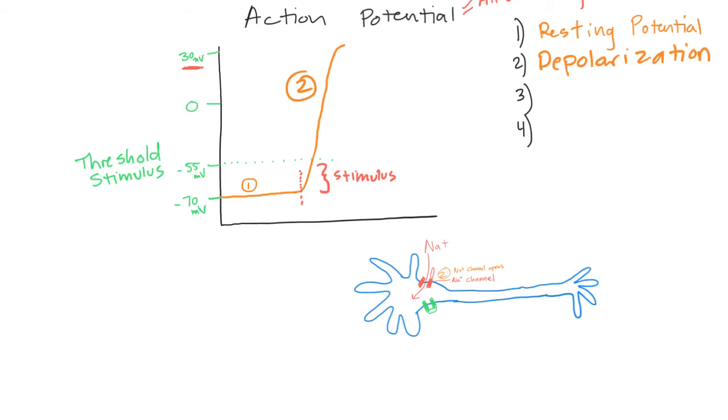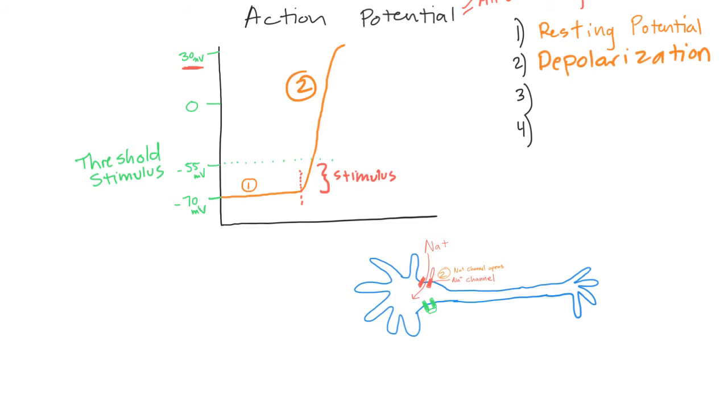Again, we'll talk about the threshold in a second. But essentially, enough sodium has to enter the cell to go past the threshold, otherwise it goes back down. So some amount of sodium can go in. Once all the voltage regulated sodium channels open, then it goes all the way. But we'll talk about that in a second.